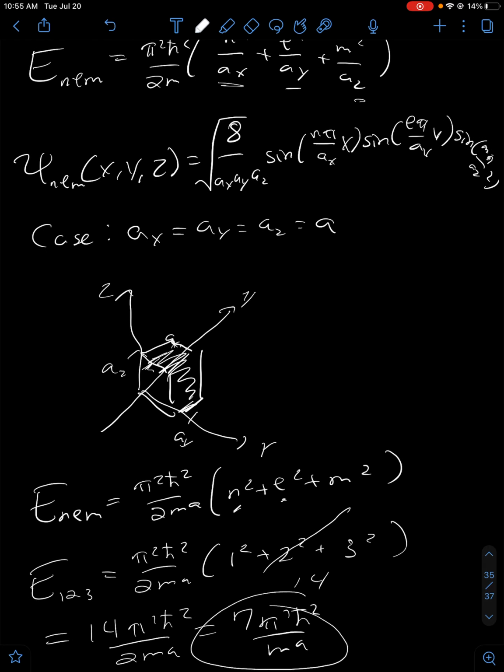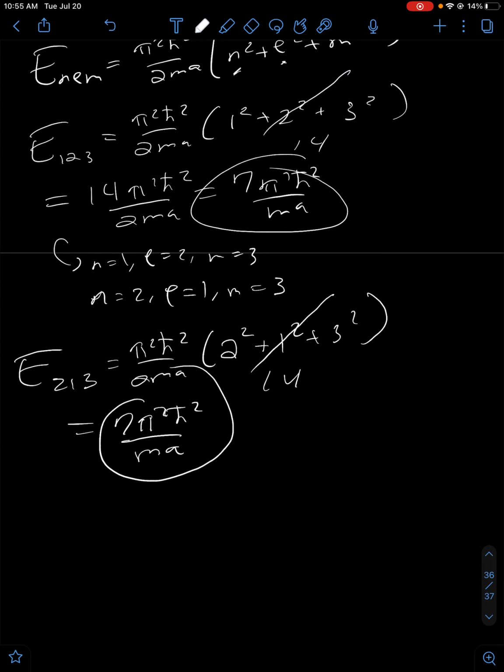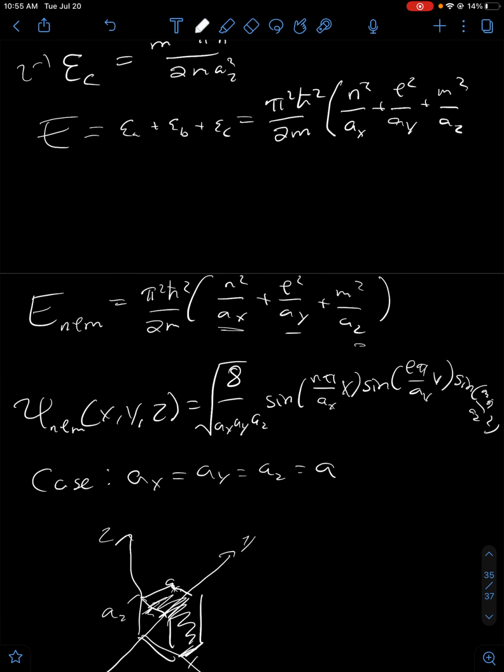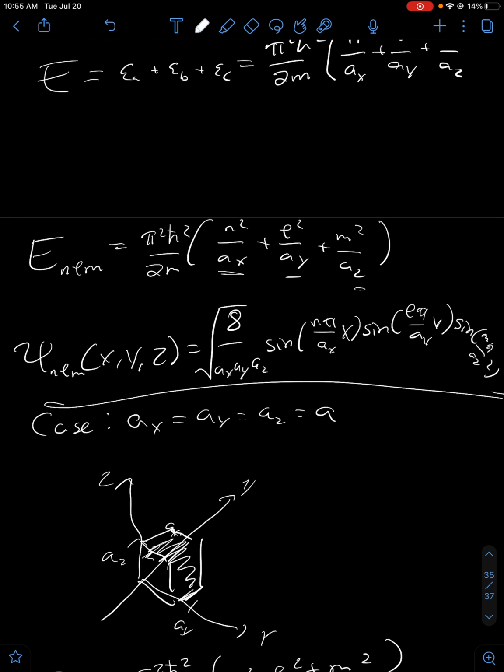But remember, ψ of 1, 2, 3 wouldn't actually equal ψ of 2, 1, 3. Yet our energy eigenvalues as a result were the same. Isn't that pretty strange? Let's recall that this is our ψ, right?